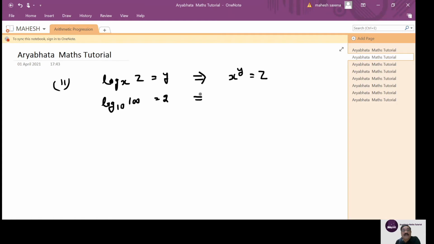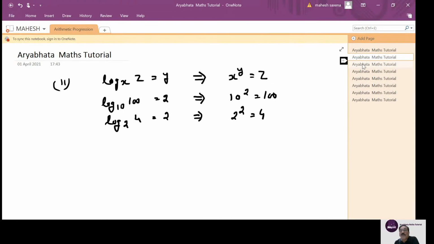In exponent form, we will write it as 10 to the power 2 is equal to 100. Similarly, we know that log base 2 of 4 is equal to 2. Therefore, in exponent form, we will write it as 2 to the power 2 is equal to 4. Now, you have learned how you can convert exponent into logarithm and logarithm into exponent.